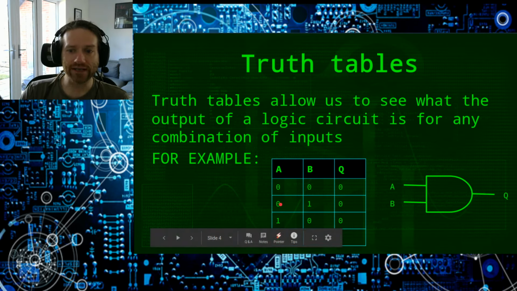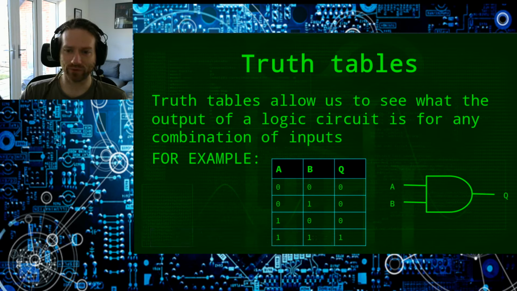When the input into A is 0 and the input into B is 1, the output from Q is 0. When the input into A is 1 and the input into B is 0, the output at Q is 0. And when the input into A is 1 and the input into B is 1, the output at Q is 1.